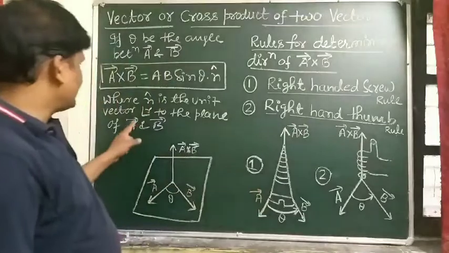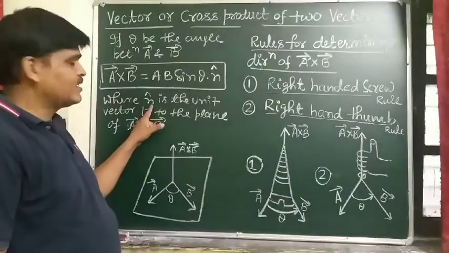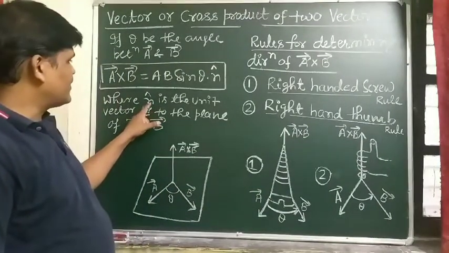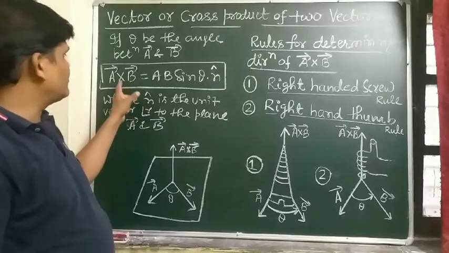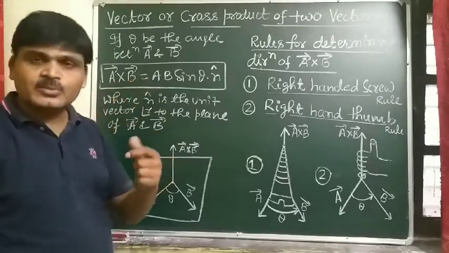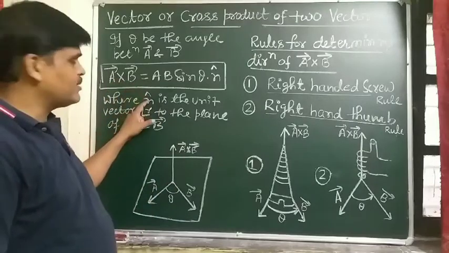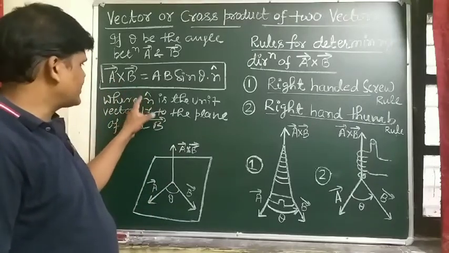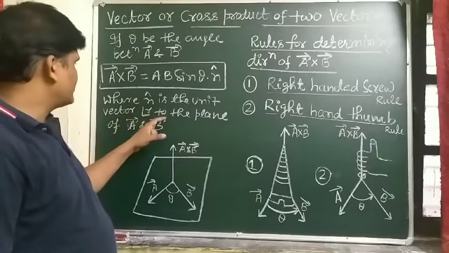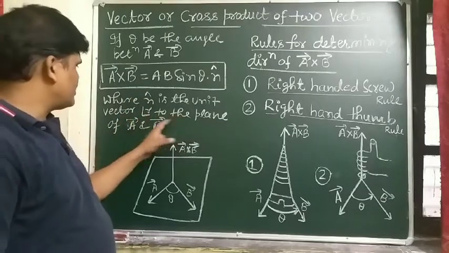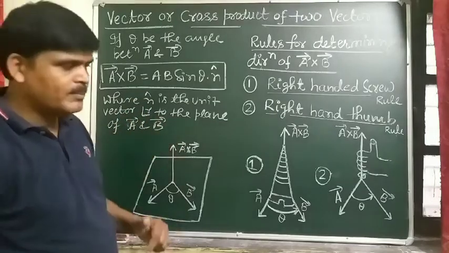The direction of the unit vector n is the same as the direction of vector A cross B. So we can say that the direction of A cross B is the same as the direction of the unit vector, which is perpendicular to the plane of vectors A and B.